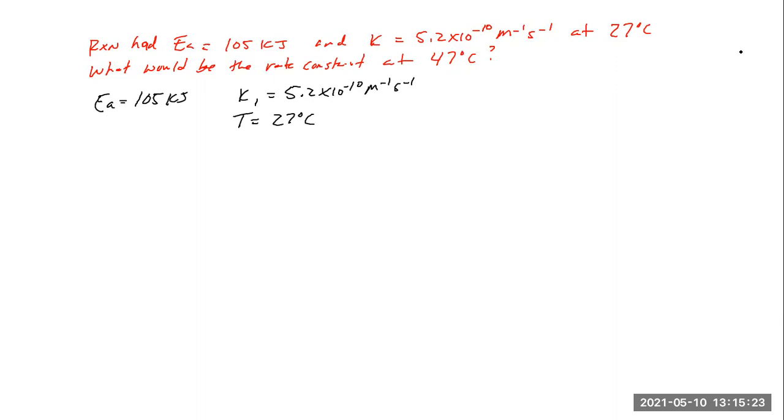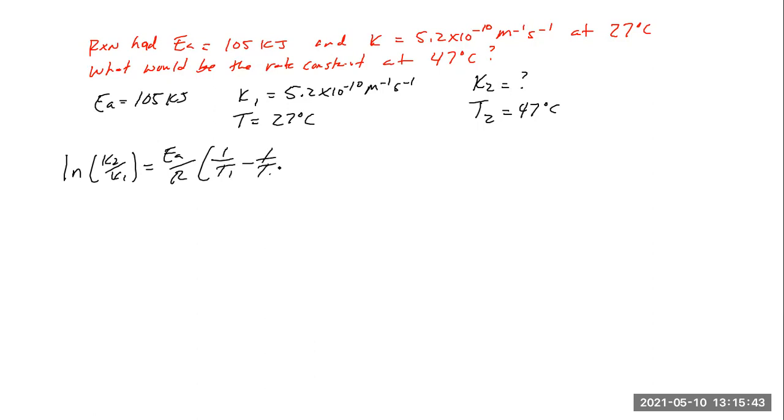We are looking for another rate constant, so we'll call that one 2, and that goes with a temperature of 47 degrees Celsius. This fits very nicely into the equation we've been using, which is natural log of K2 over K1 is equal to E A over R times 1 over T1 minus 1 over T2.